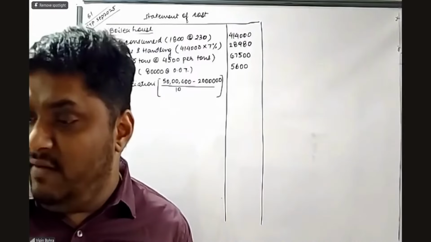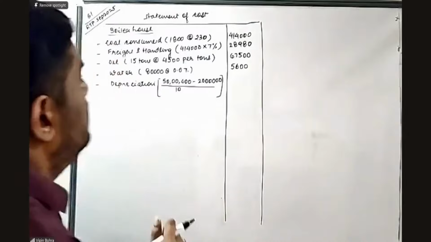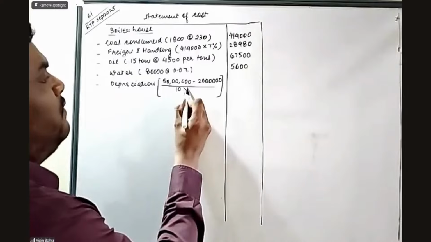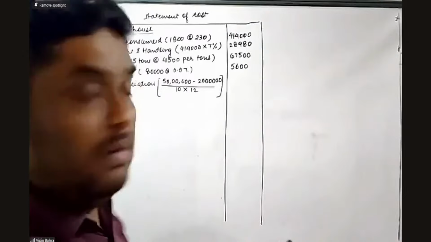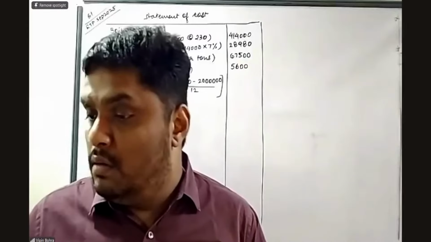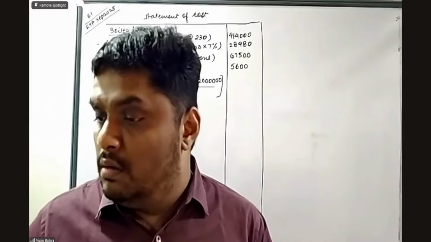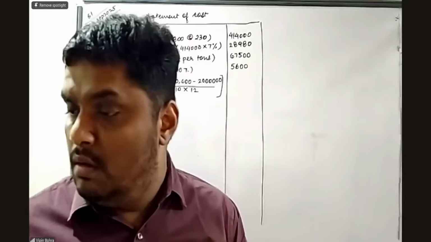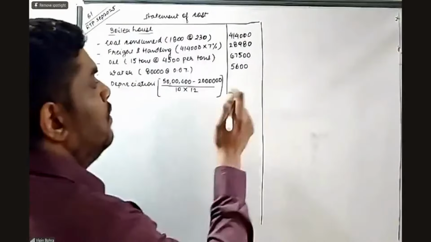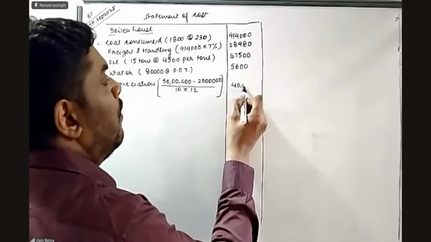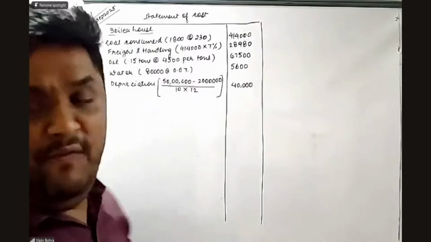Sorry guys, I think the information is given per month. So we have to divide this by 12 also. This will be 40,000.